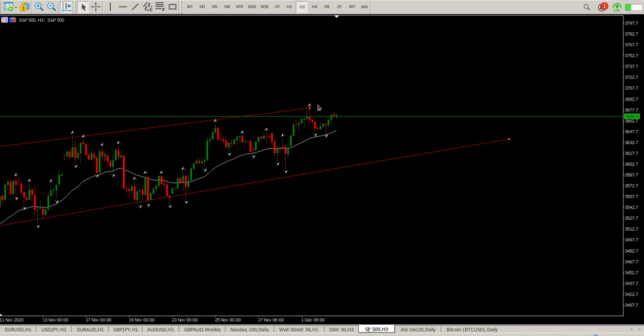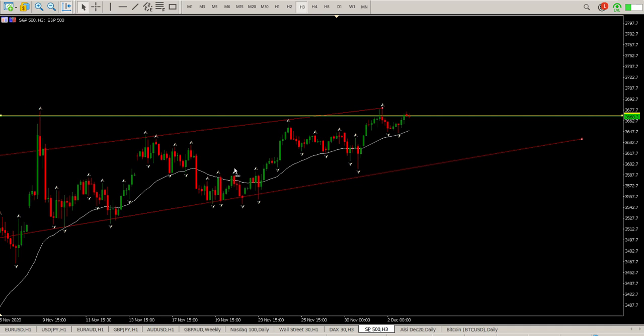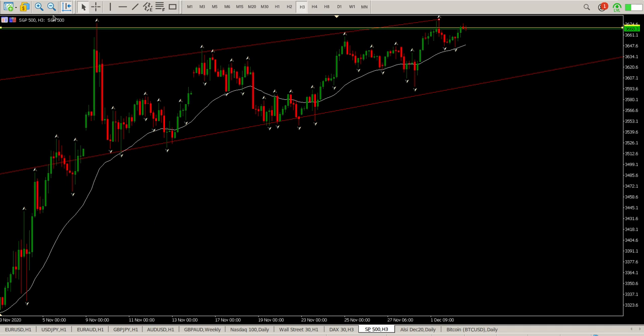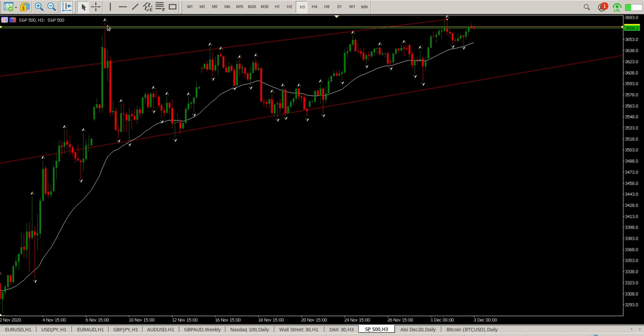This rejection up here, let's just do that. Okay, not really a rejection. There's probably some 5 minute or 3 minute structure in here where they're selling off, but there's a previous high. This is the current. It is a new high, I think.